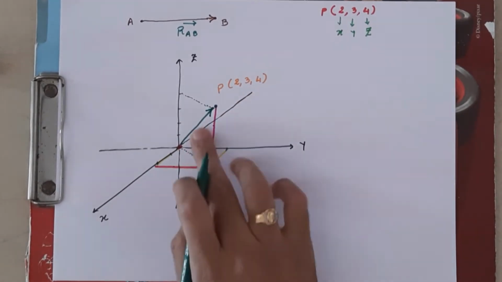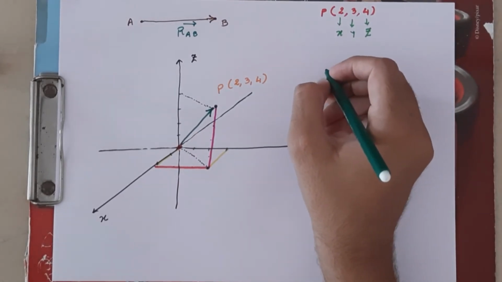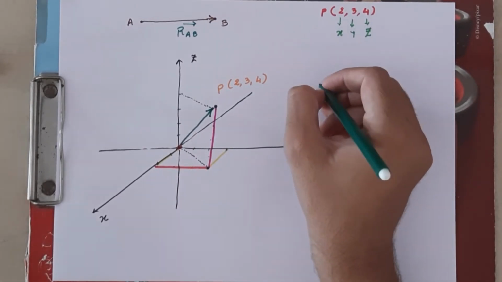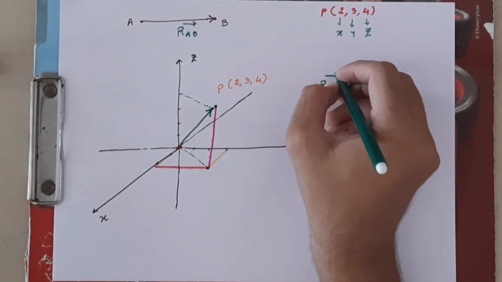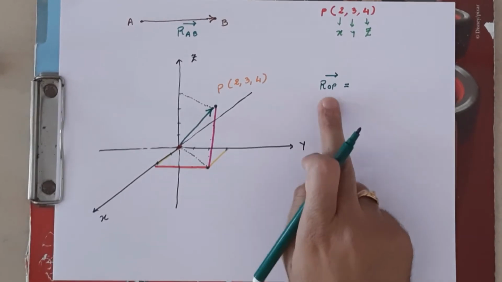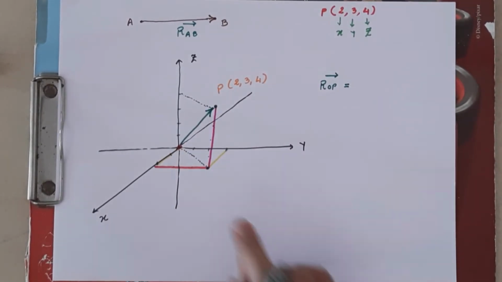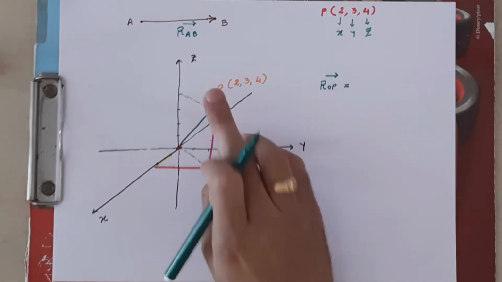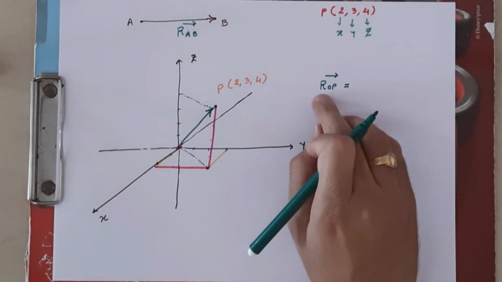This particular vector is known as the ROP vector. ROP vector means the vector from O to P, from origin O to P. So what is the value of the ROP vector?